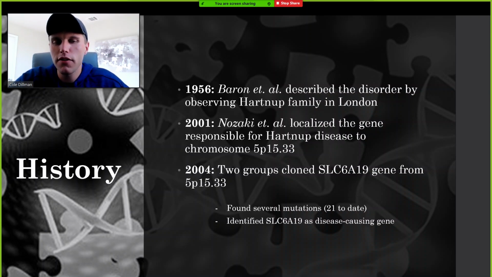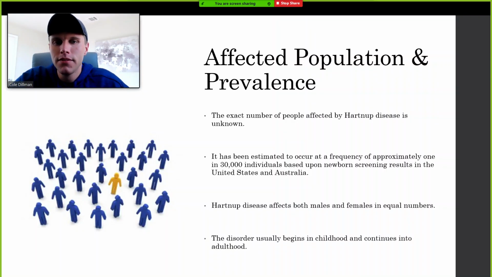What they also found was it wasn't just one mutation that could cause Hartnup disease. Up to 21 different mutations can cause Hartnup disease, and which mutation you have determines exactly how much your neutral amino acid transport is hindered.